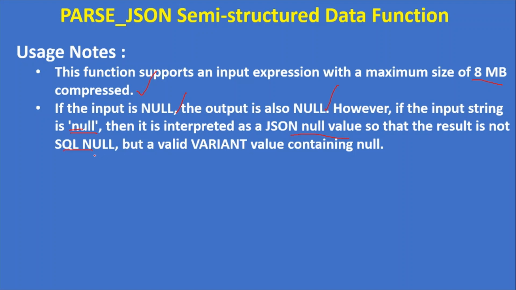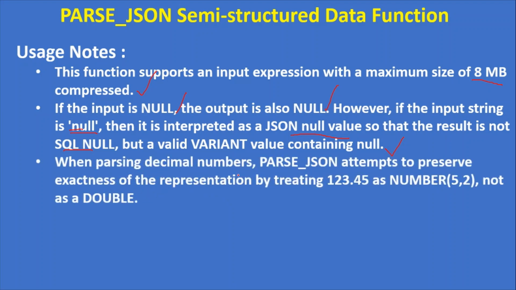Please note that there is a difference between a JSON null value and a SQL null value, but a valid variant value containing a null value. That means when you give the input as null within single quotes, that is a valid value in terms of JSON, in terms of the variant data type.